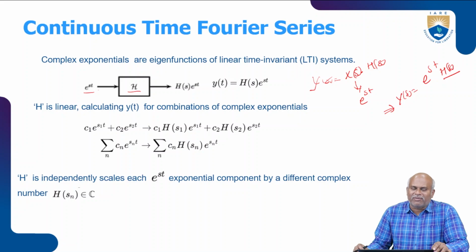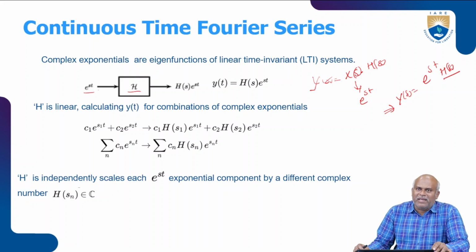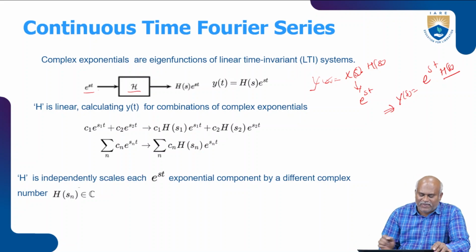It's calculating y of t for a combination of complex exponentials. That will be, I write, c1 e power s1 t plus c2 e power s2 t. Then that value is equal to c1 h1 of s1 e power s1 t plus c2 h2 of s2 e power s2 t.